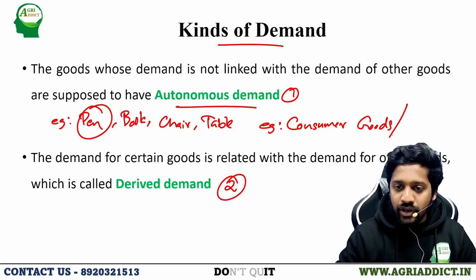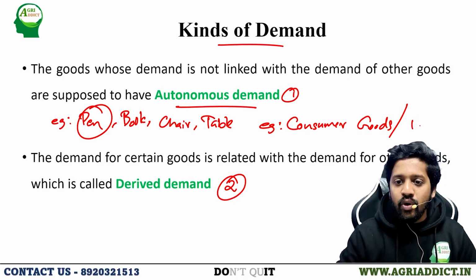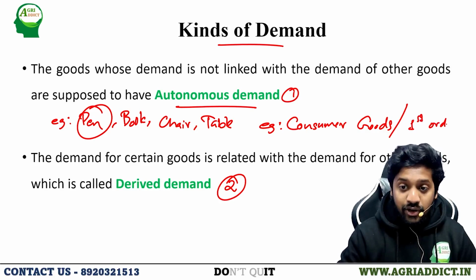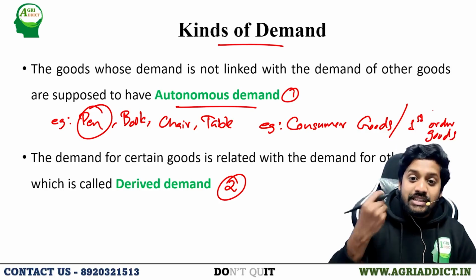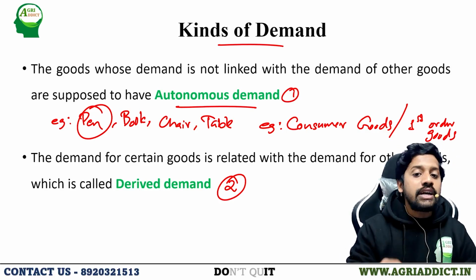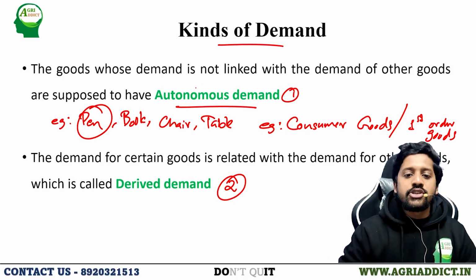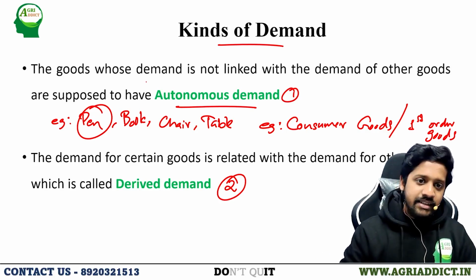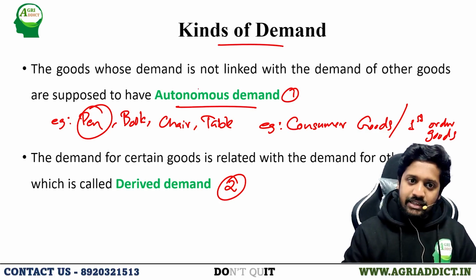I hope you recall the concept of consumer goods or first order goods. These are nothing but the goods from which the consumer is directly deriving satisfaction, and the demand for consumer goods is not linked with any other goods. So the demand for consumer goods can be considered as autonomous demand.